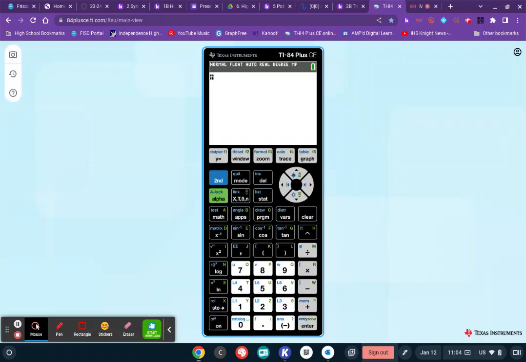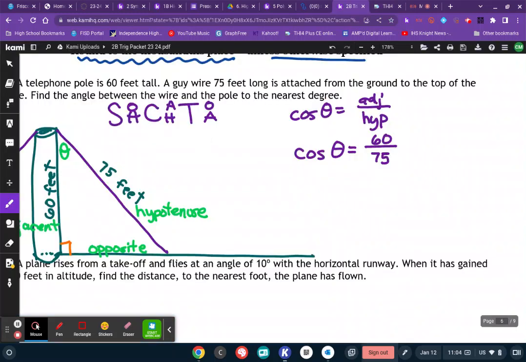So the blue button and then cosine and then put in the fraction 60 over 75. That's it. Yes, ma'am. Just like this.